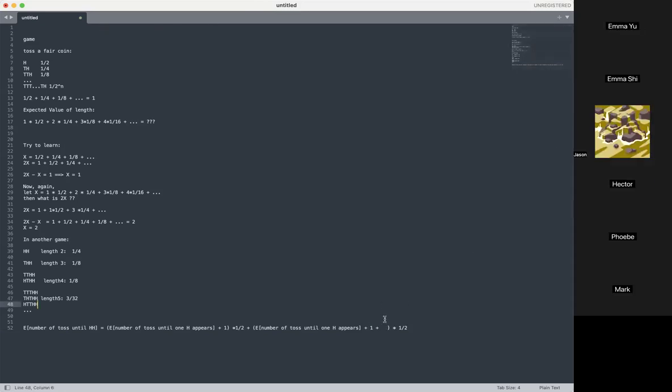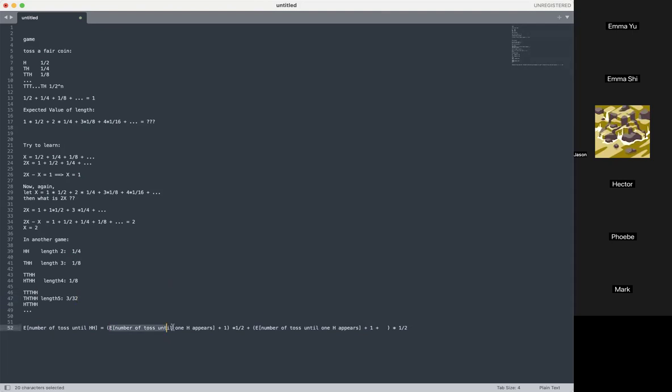I mean, of course, it's at least two, right? Because we already tossed a T, and if you just toss one time, then it's just an H, right? And of course, we don't get the number of tosses until 2H. So left hand side and right hand side need to be equal, right? So this needs to be the expected length until we get 2H, right?